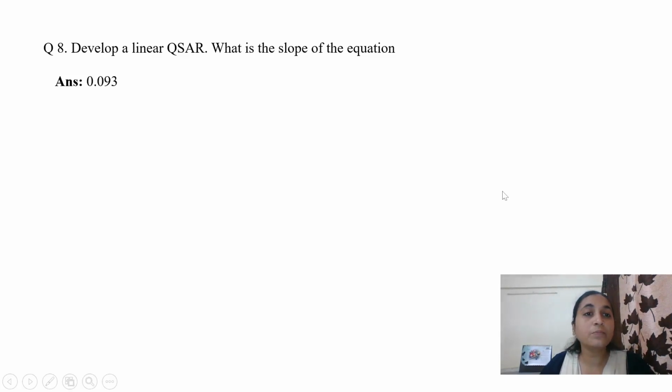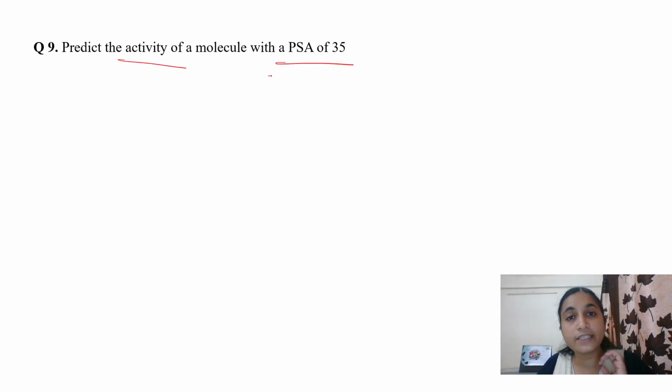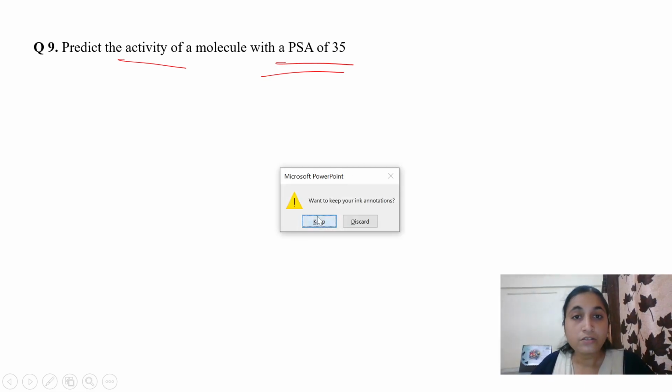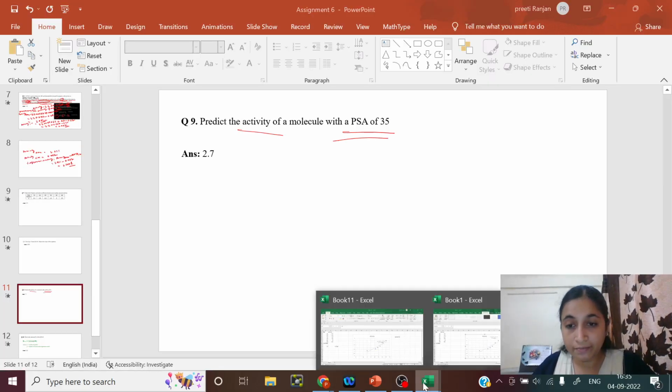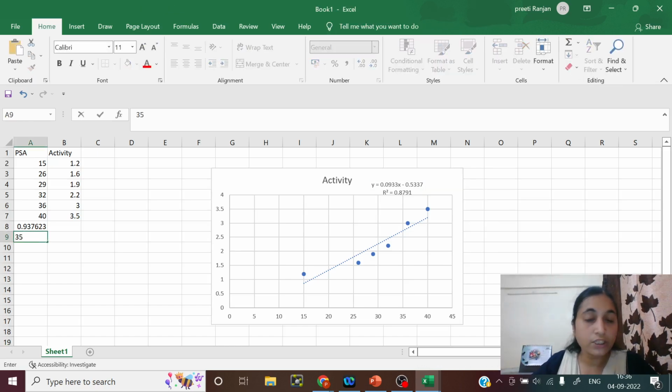Okay, so now question number 9. Predict the activity of molecule with polar surface area of 35. Now they want us to calculate the activity of this molecule and its polar surface area is given as 35. So what we will do? We will go to the Excel again and now we want to calculate as given in question the polar surface area is 35, right?